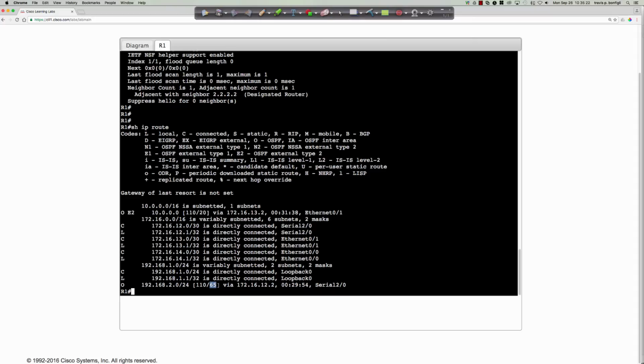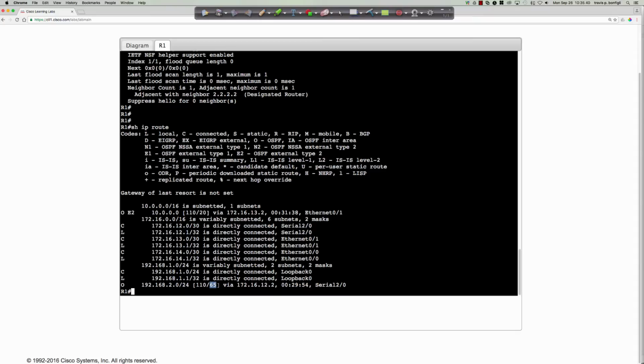So again, with OSPFv2, excuse me, v3, we're talking about a 16-bit scale. So the largest number you're going to deal with is 65535 in terms of the metric setting, right?